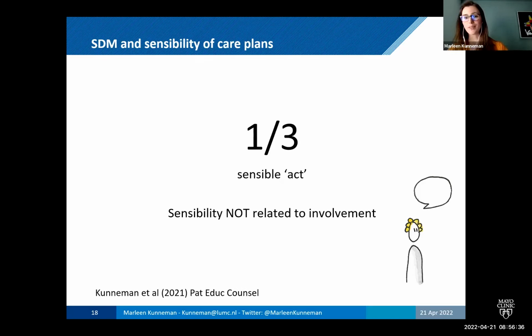Interestingly, we also found that how sensible the treatment plans are to patients does not relate to the extent to which patients were involved in their decision. And this involvement was observed by a third party and coded based on the videos of these conversations.